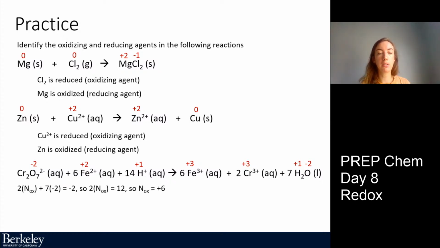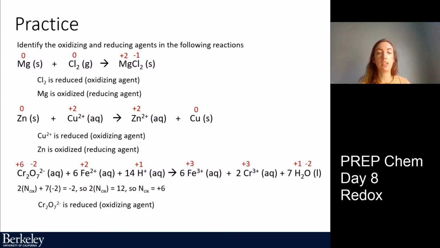Now to figure out that chromium in the very first compound, we're going to need to know that the sum of the oxidation numbers of all of the atoms equals its charge. We have 2 chromium atoms, so 2 times the oxidation number of chromium plus 7 times the oxidation number of oxygen, which is -2, will have to equal -2. If we solve that equation, the oxidation number of chromium needs to be +6.